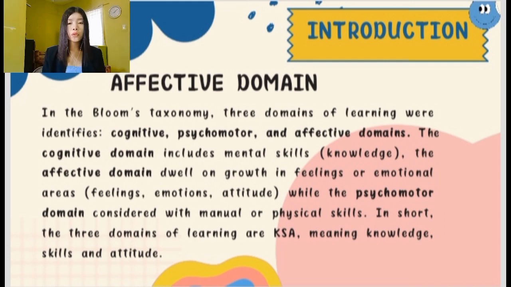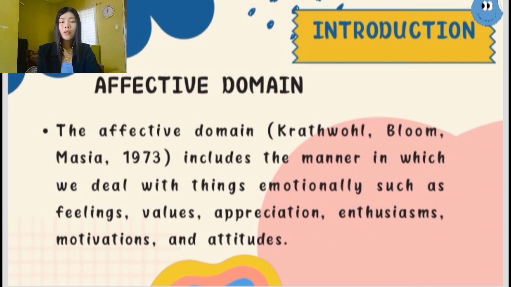While the psychomotor domain is concerned with manual or physical activities or physical skills. In short, the three domains of learning are KSA, meaning knowledge, skills, and attitude.